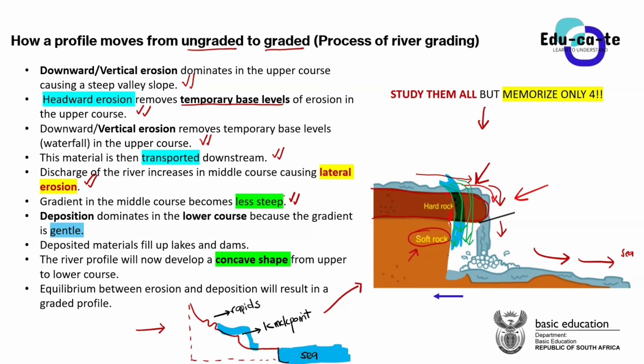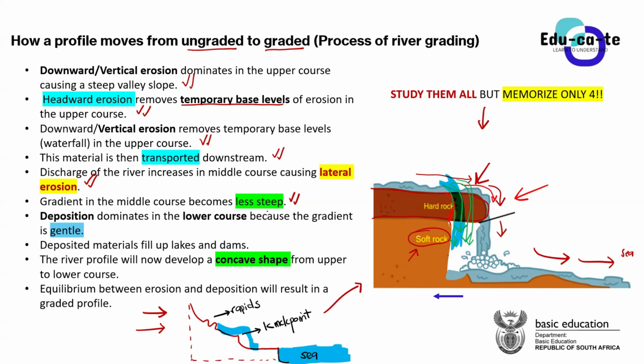If we have an ungraded profile, such as this one that has nick points, rapids and waterfalls, what actually causes it to change to a smooth concave profile? So you must explain what causes the upper course to be steeper, what causes the lower course to be gentle, and what causes the middle course to be less steep than the upper course.